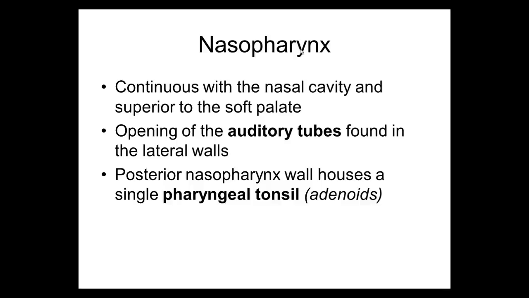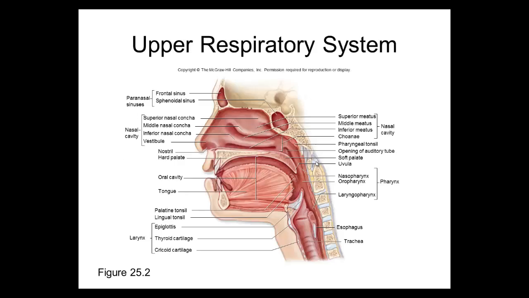And so the nasopharynx, again, it's continuous with the nasal cavity, and if you remember, the connection between them was the choana, or the posterior nares, and the auditory tube, or the Eustachian tube, opens into the nasopharynx. It also has what we call the pharyngeal tonsil, and we know it by the name adenoid, especially when it gets inflamed, because that will prevent the child from taking air through his nose and will become a mouth breather instead.